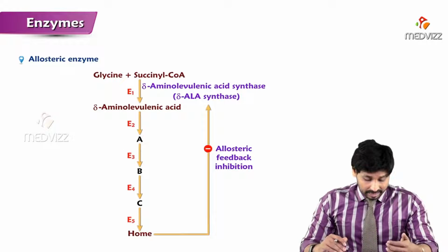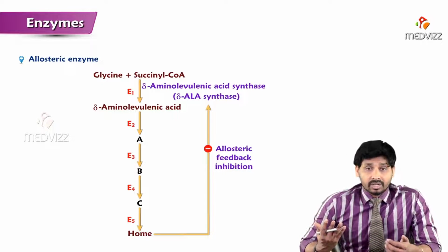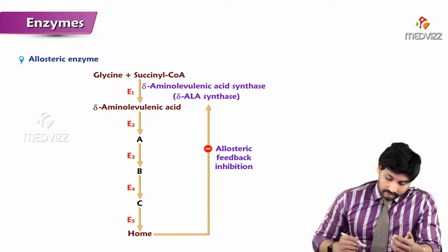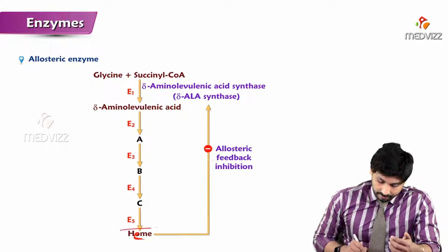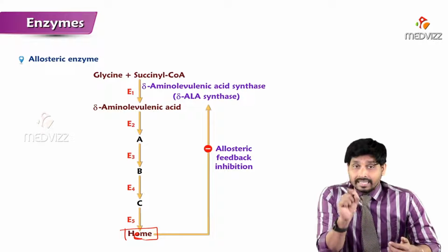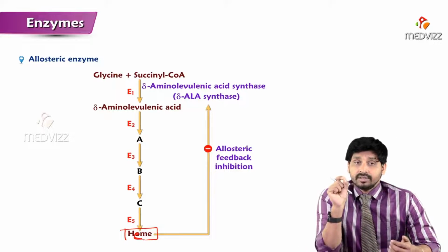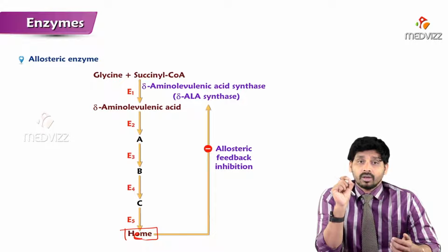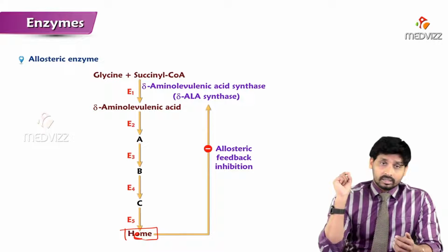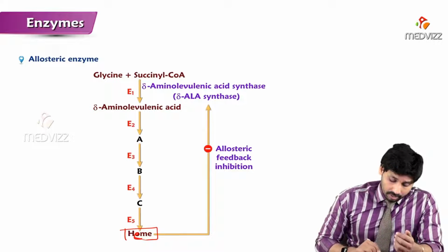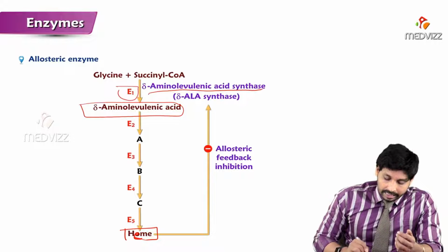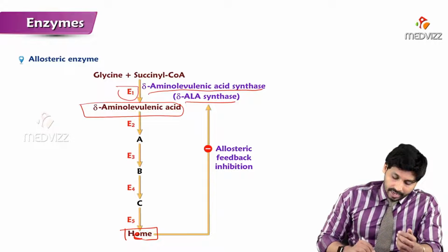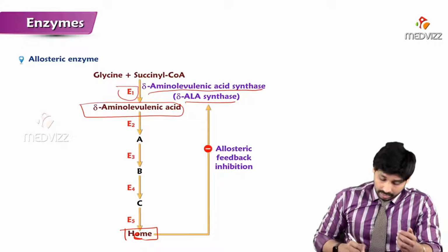Take one best example, heme synthesis. Glycine and succinyl-CoA are the starting substrates for the synthesis of heme, and the first formed product is delta aminolevulinic acid, made by enzyme 1, ALA synthase. Finally, the end product is heme.